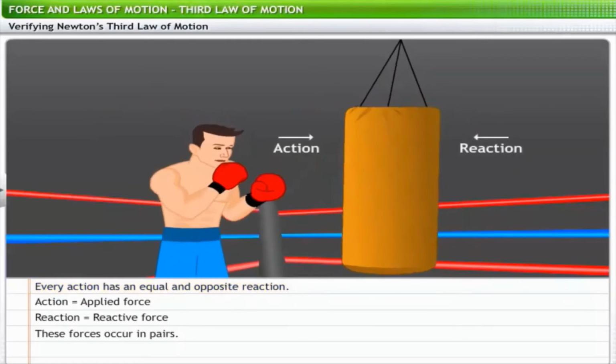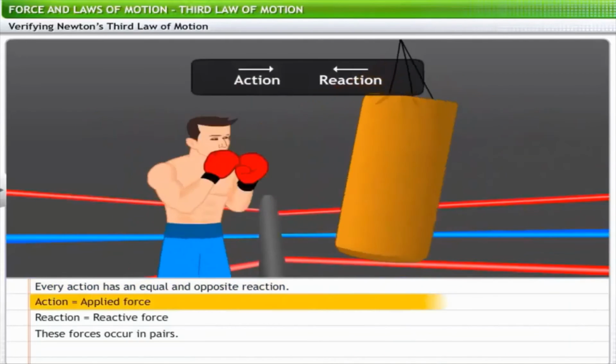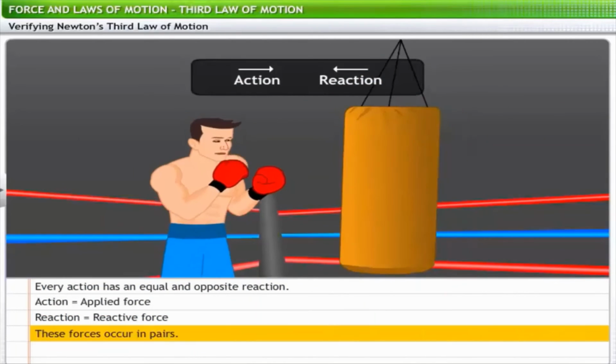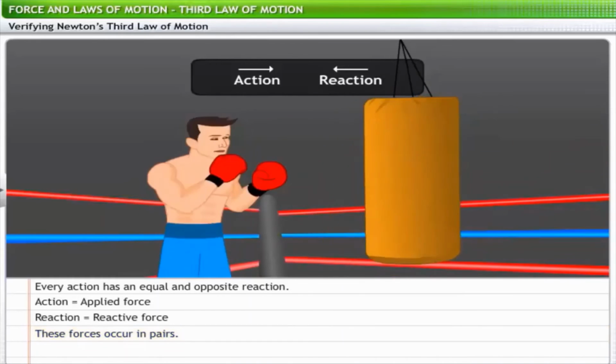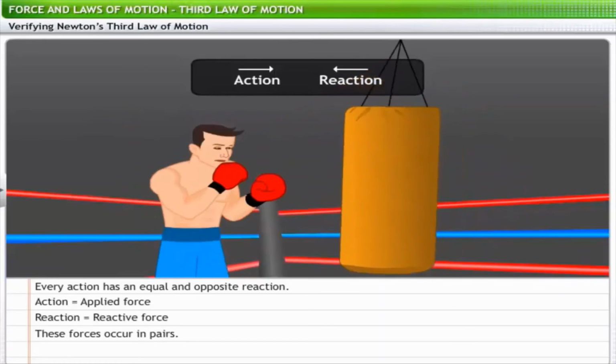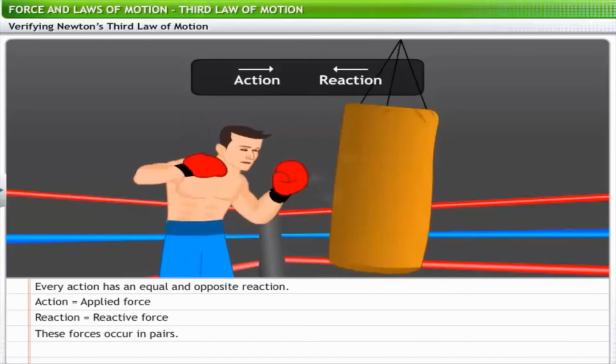Here, action and reaction refer to the applied force and the reactive force. This means action and reaction always occur in pairs. For instance, consider a boxer punching the sandbag. The sandbag seems to be punching the boxer back.